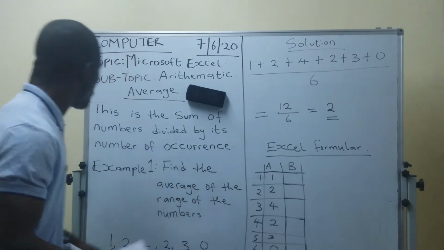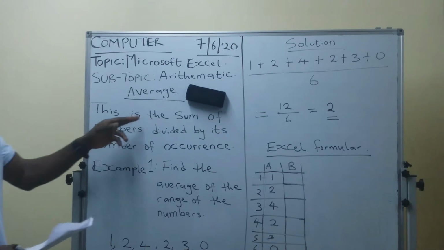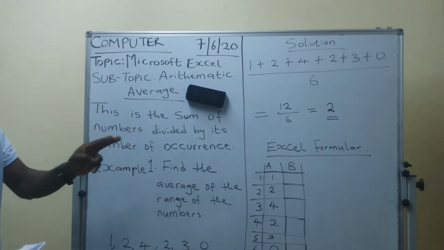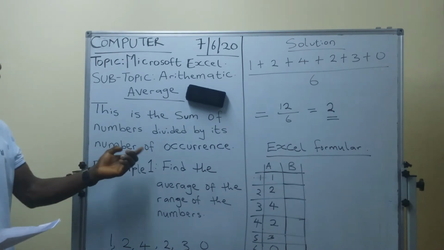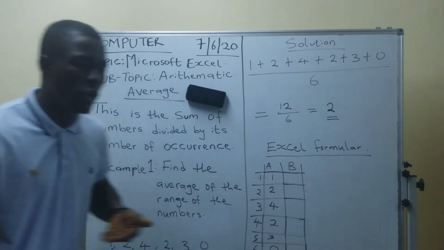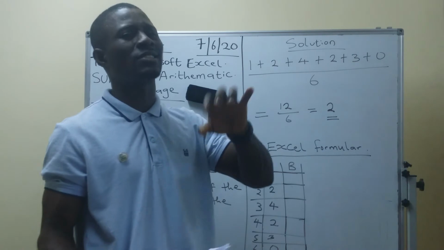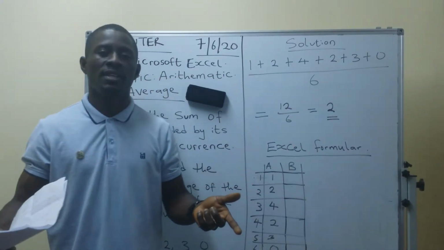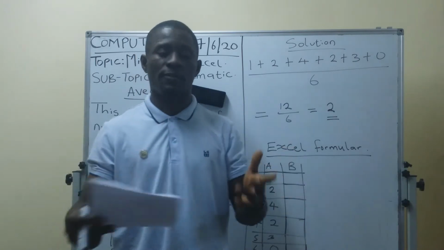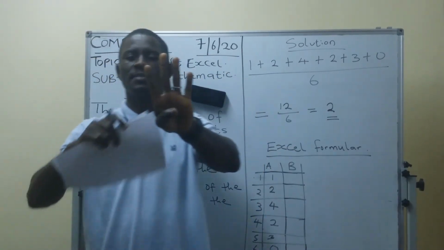Okay? So what is average? This is the sum of numbers divided by each number of occurrence. Some persons call the occurrence frequency. For example, these 4 fingers.